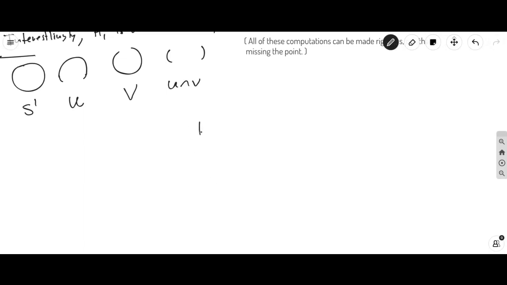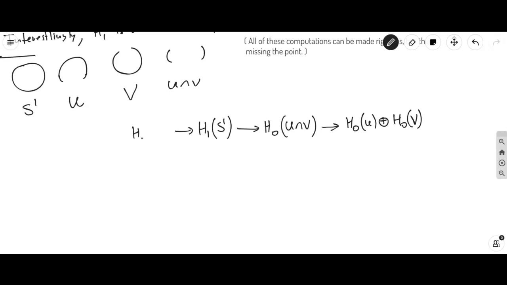So we're interested in the first homology of S1. According to the Mayer-Vietoris sequence, there's a lowering of dimension map into H0 of U intersect V, and then there's a map into H0 of U plus H0 of V. And then on the other side of the sequence, we have H1 of U plus H1 of V, and then H1 of U intersect V. So this is the relevant part of the sequence that we're going to be using, because this is the part that contains the first homology group of S1.